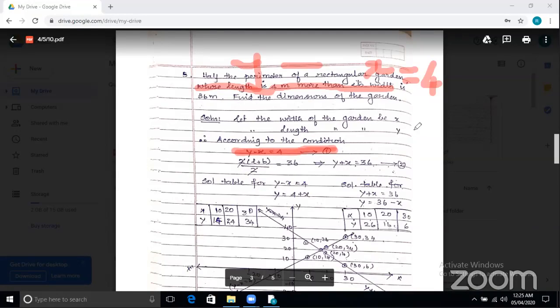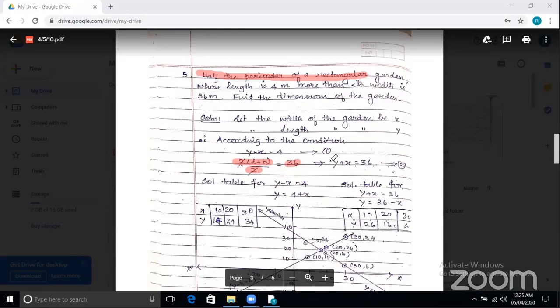What is the next condition? Half the perimeter of the rectangular garden. Now the perimeter is equal to 2 into L plus B. Half means it will be divided by 2, equal to 36.